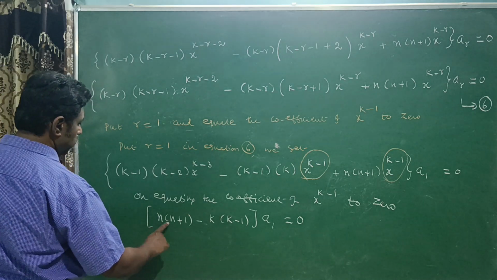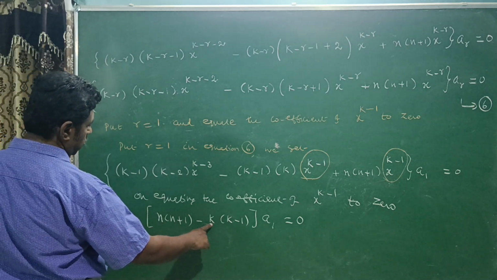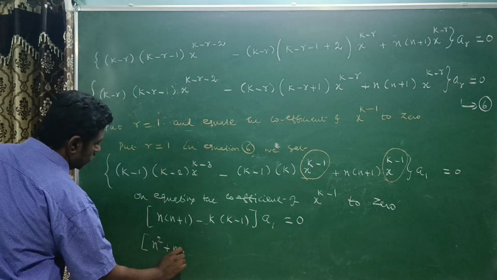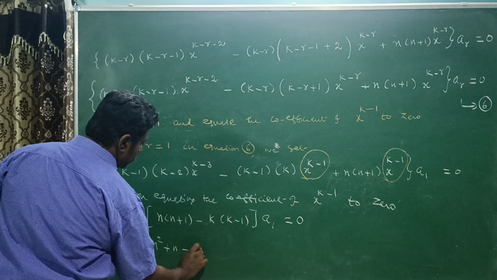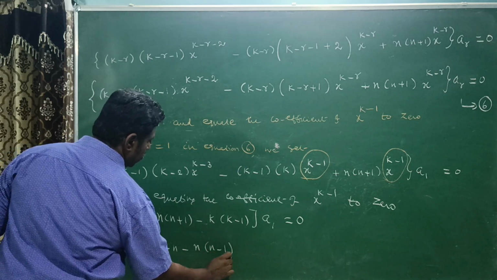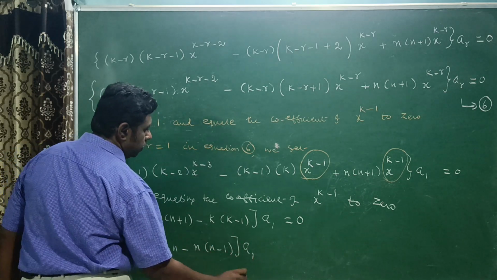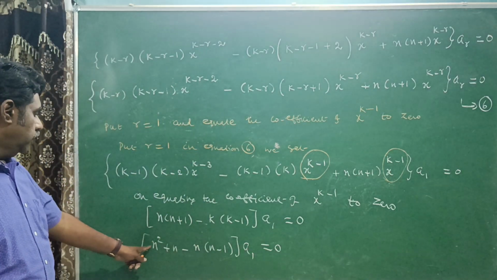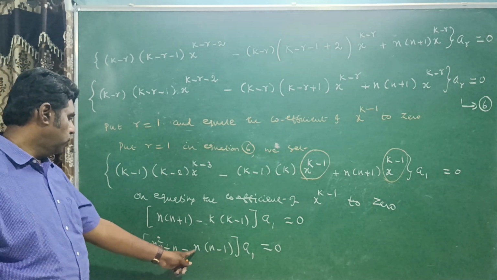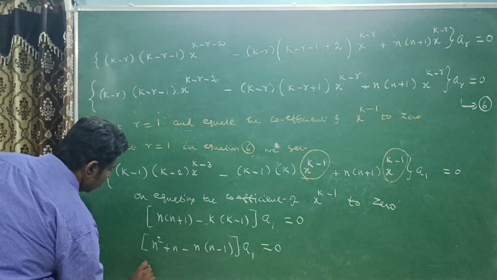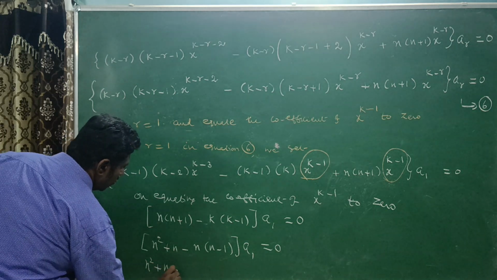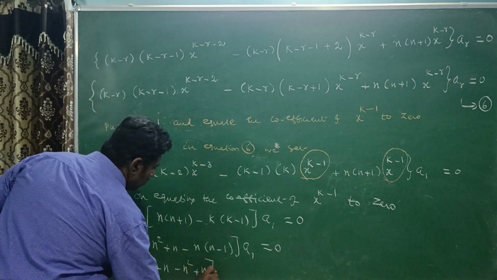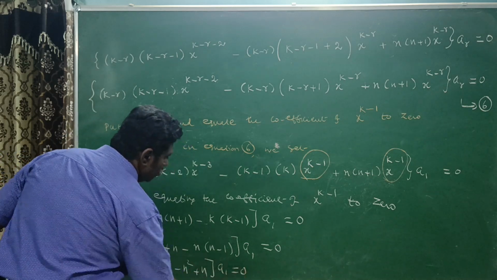You know that k equal to n. N square plus n minus n into n minus 1, entire is multiplied by a1 is equal to 0. This is n square plus n minus n square plus n, into a1 equal to 0.